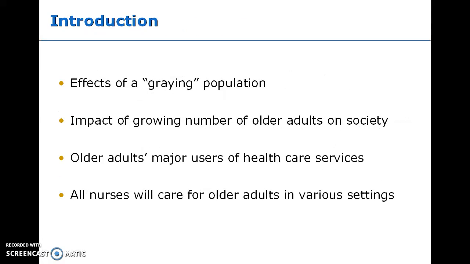Let's take a look at the introduction and the bullet points. Effects of a graying population. Look at all the other bullet points that are here, and also read the first paragraph of page 127.